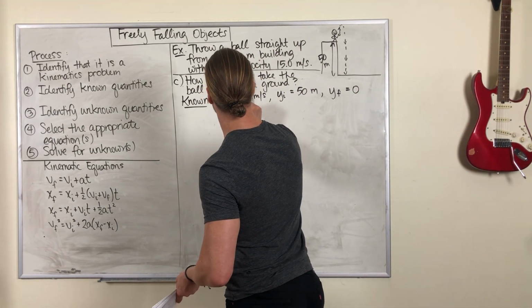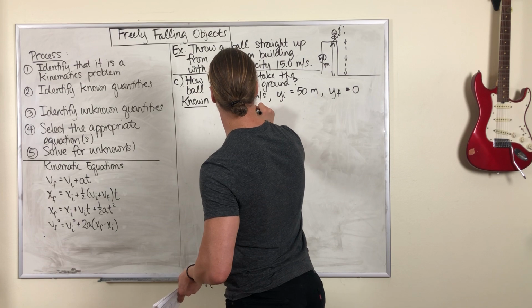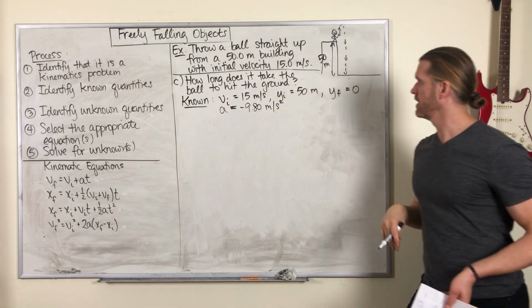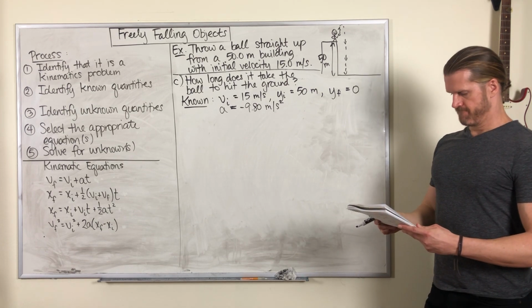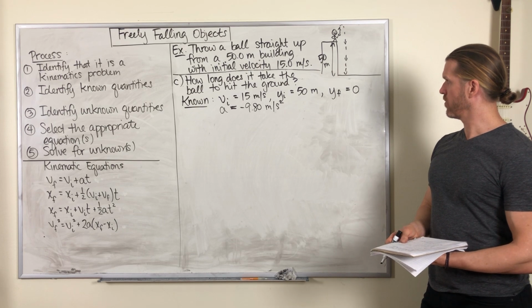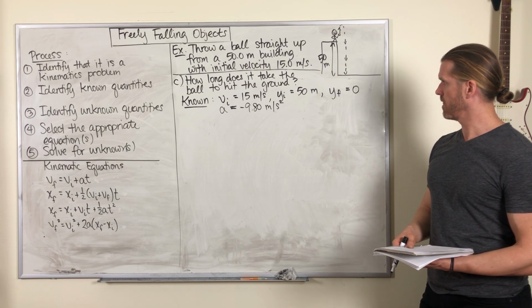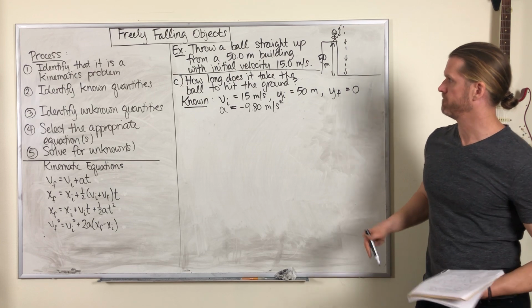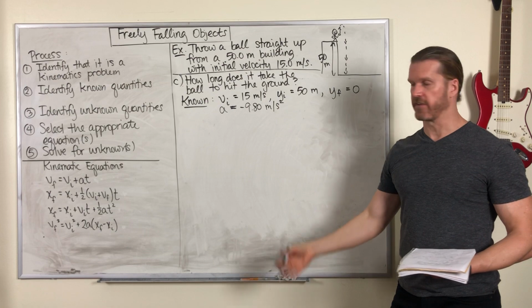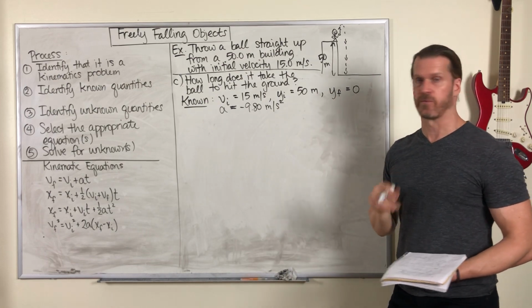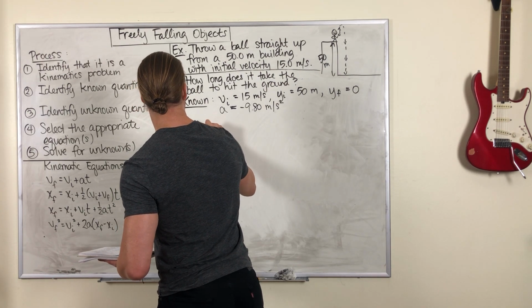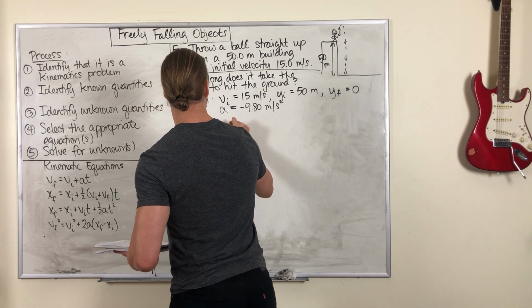And A is still negative 9.8 meters per second squared. Those are the 4 quantities that we know. We don't yet know how long it takes to hit the ground. We don't yet know what the velocity is when it hits the ground. So the unknown, what we're solving for in this problem, is t.